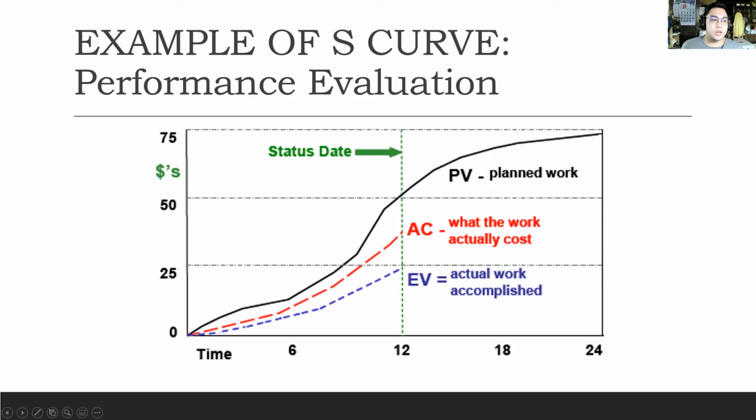The actual cost and the earned value S-curves are beginning to follow the trajectory of the planned value. This is the planned value, although the bottom lines are beneath the planned value.